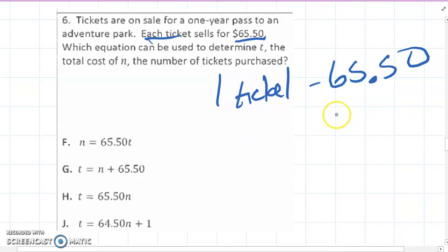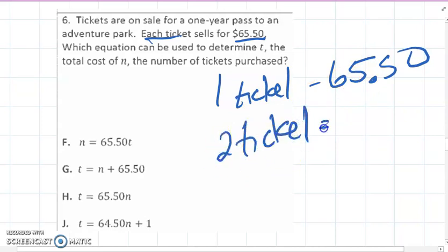If one ticket costs this, well, how much would 2 tickets cost? Obviously, one ticket is this, 2 tickets would be 65.50 times 2. And that'll give you the price for 2 tickets. Well, which of these equations would work? That's what you got to think about.